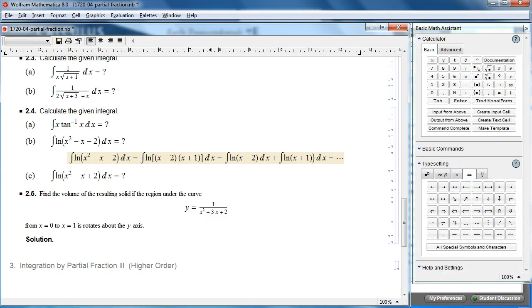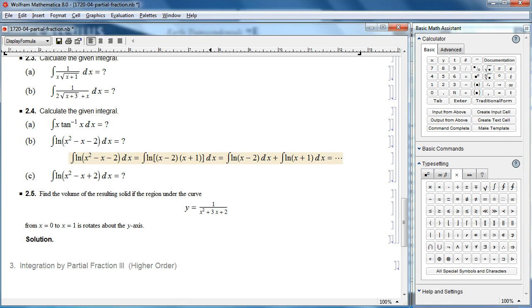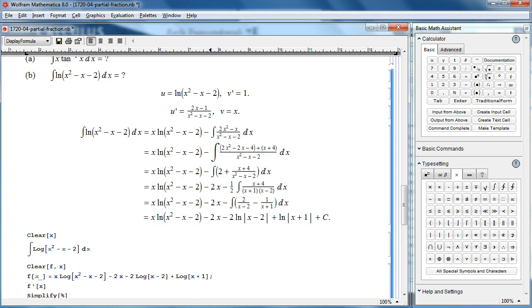You're gonna have to use integration by parts for this one and integration by parts for the second integral, but those are standard integration by parts, so you're not gonna have too much trouble there. Yes, this is gonna be a shortcut solution compared with this one, where you have to use integration by parts, and then you have to use the partial fraction method in the end.